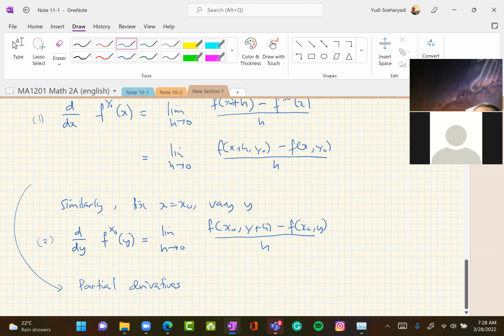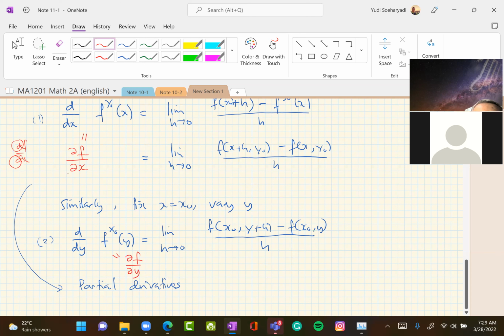Okay, and as for notations, this is the partial f over partial x, and this one here is the partial f over partial y. So you slightly change the notation d, instead of doing this, you change the d.